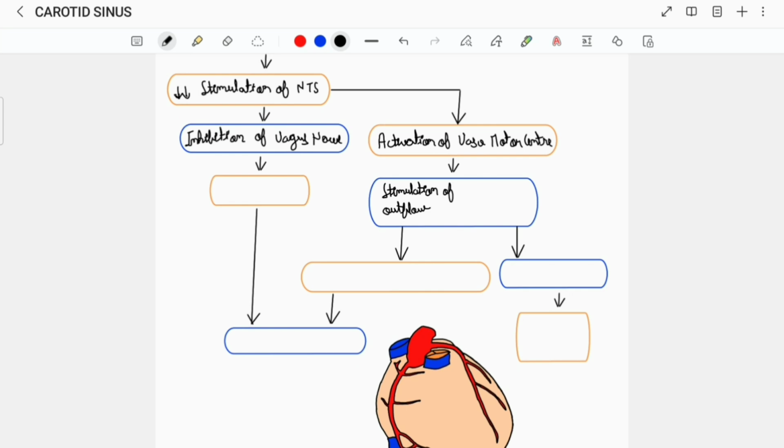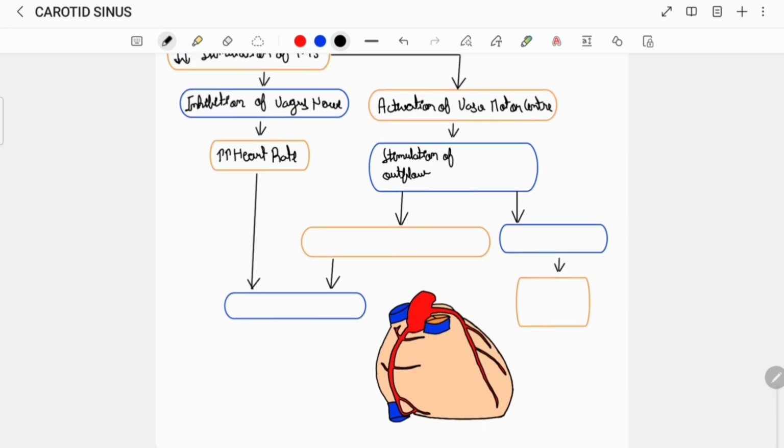Inhibition of vagus nerve causes an increased heart rate, and an increase in the heart rate further causes an increased cardiac output. Similarly, activation of vasomotor center causes stimulation of sympathetic outflow.